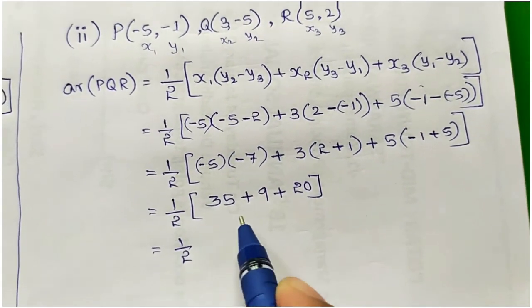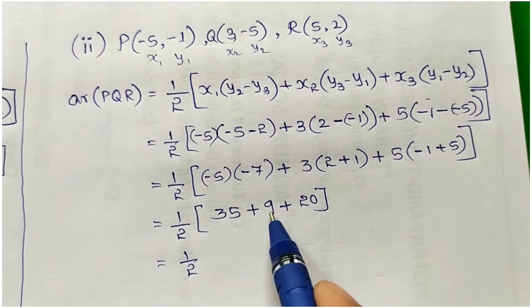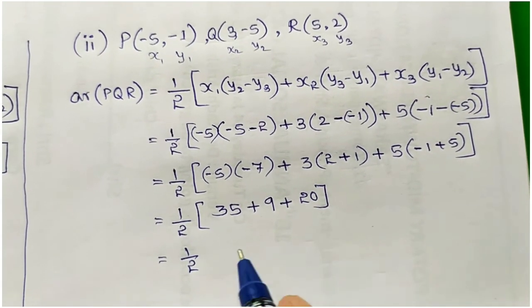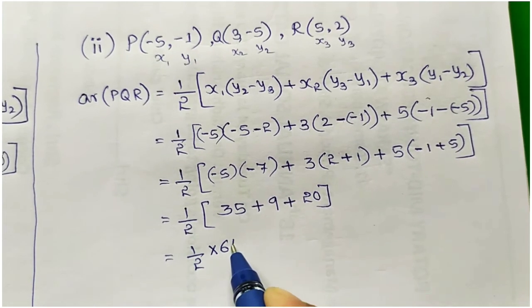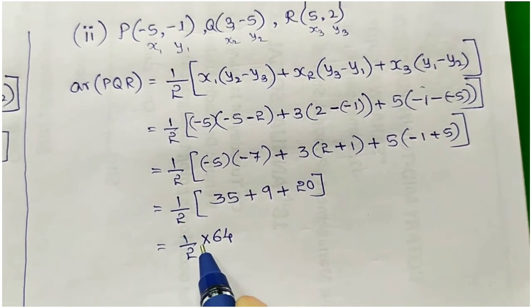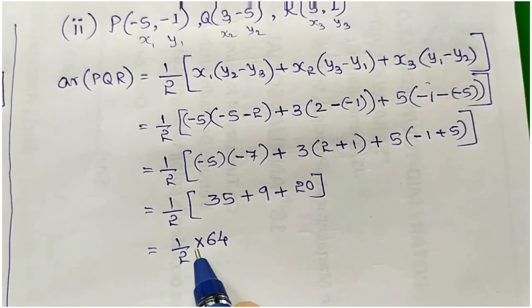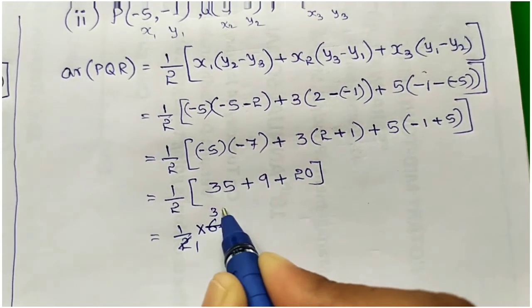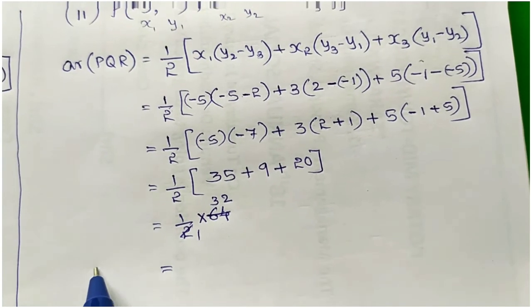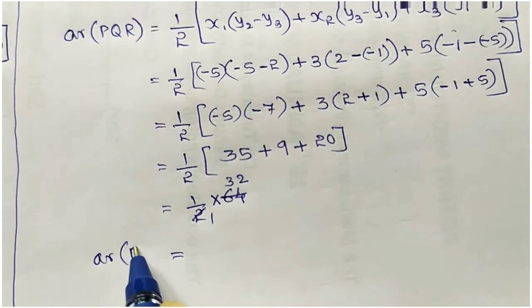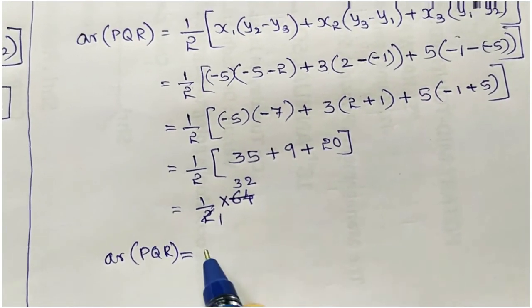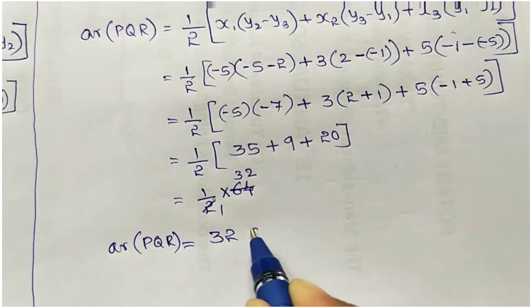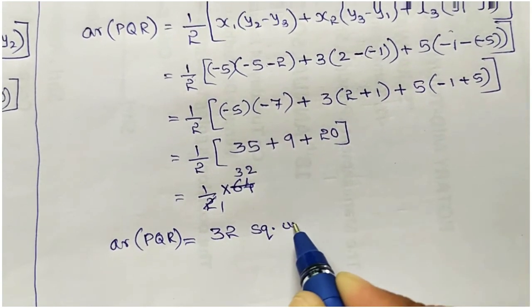Now add them: 35 plus 9 is 44, 44 plus 20 is 64. Bracket means multiplication, so keep the multiplication sign. Now 2 1s are 2, 3 2s are 6, so the area of PQR equals 32 square units.